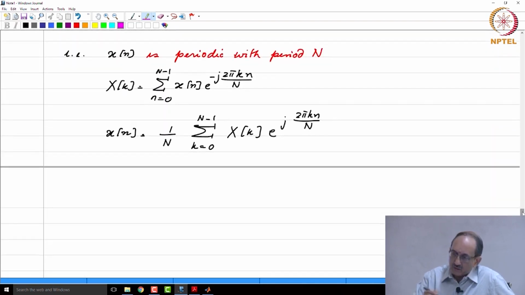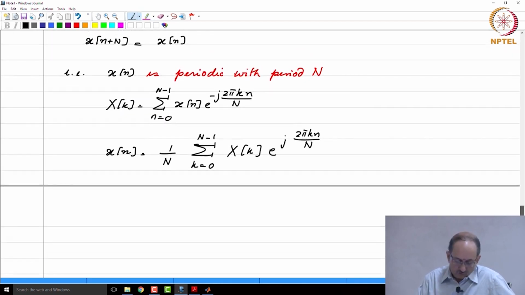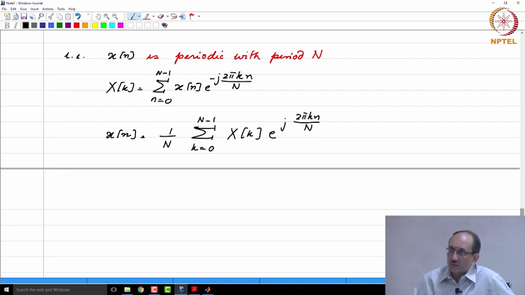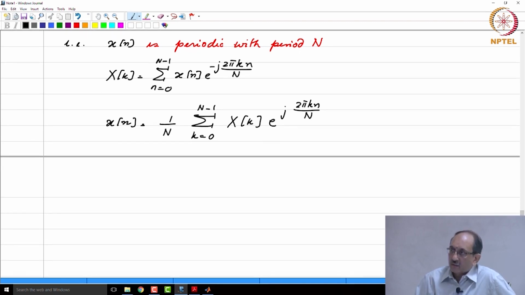Now, we can immediately see that this DFT, which was not the name of any of the 4 Fourier series representations that we had seen so far, and which I had said could potentially be the 5th representation, turns out to be nothing but the discrete time Fourier series.